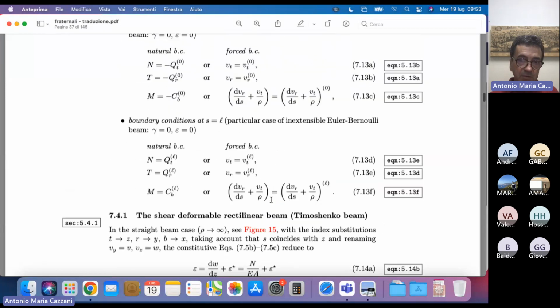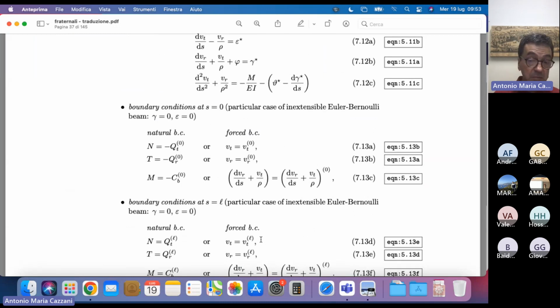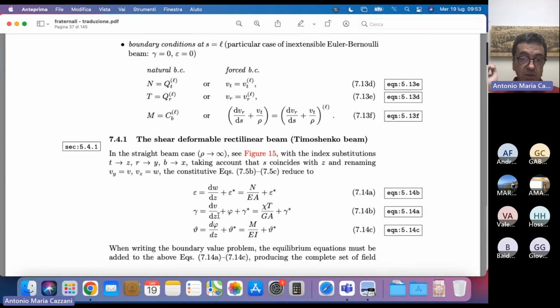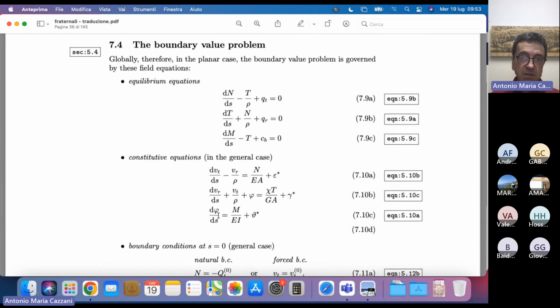Now, a further simplification is to consider a straight beam. So if you consider the first simplification, it means to consider a shear deformable and extensible beam, but with a rectilinear axis line. So we can see that in the general case, which is this one, we have to cancel the terms which depend on curvature.